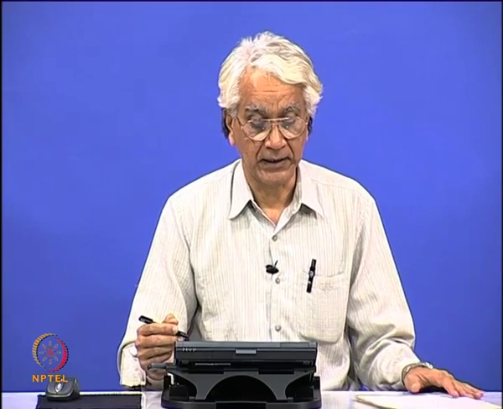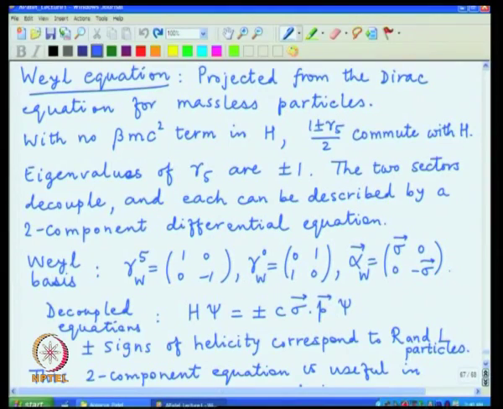So, in the last lecture I was talking about the Weyl equation. It is a special case for massless fermions, and because the mass equal to 0 allows us to write down the equation with one less number of anti-commuting set of matrices, and then you can choose the matrices cleverly enough so that the 4 components can decouple into 2 sets of 2 components, and that produces the Weyl equation with 2 different helicities.